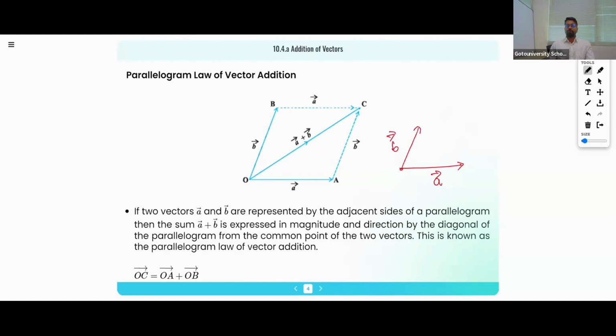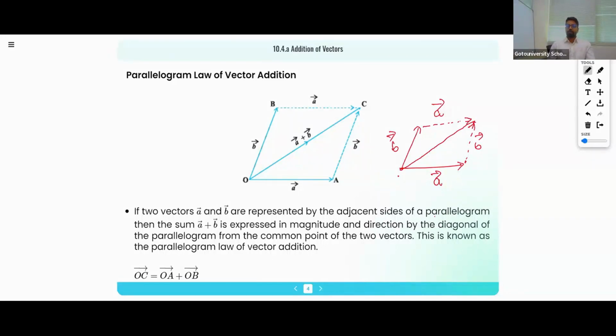Now I'm going to write the same vector in this place, same direction, same name, same magnitude also. And what about this parallel to this? This is B.